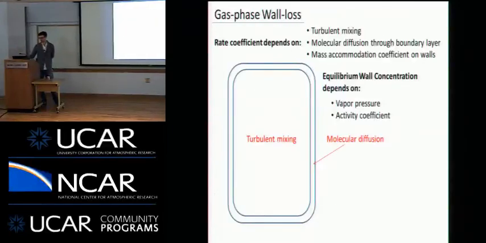So what are we dealing with? We have our chamber. We've got turbulent mixing in the chamber. In some chambers they have fans and other things that make this really fast. Others they don't. And it's driven really by thermal gradients. Some have more stable temperatures. But you have some turbulent mixing parameter. And then you have some boundary layer at the surface that molecular diffusion is going to control.